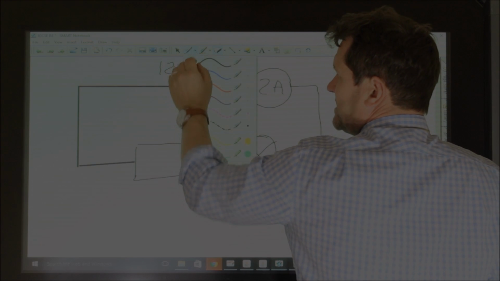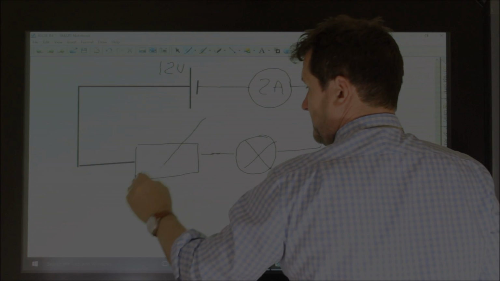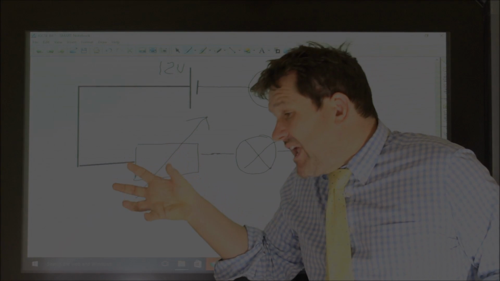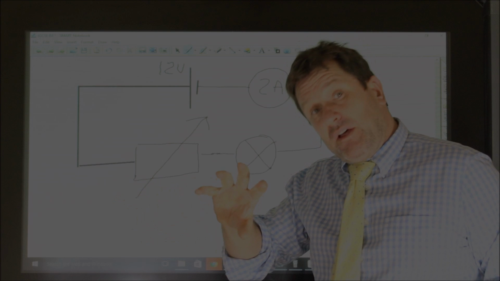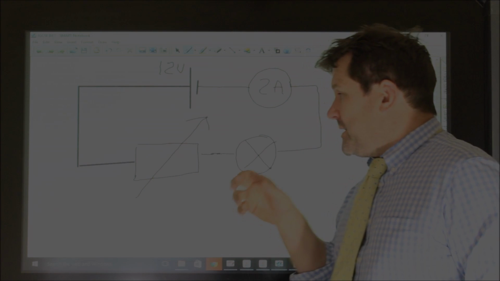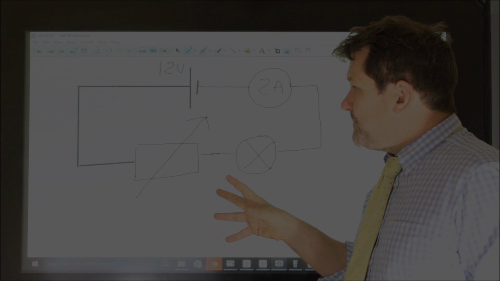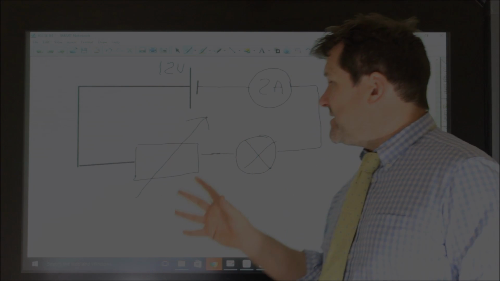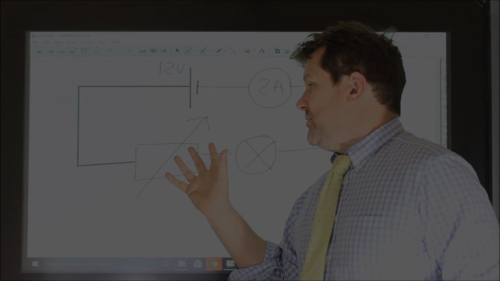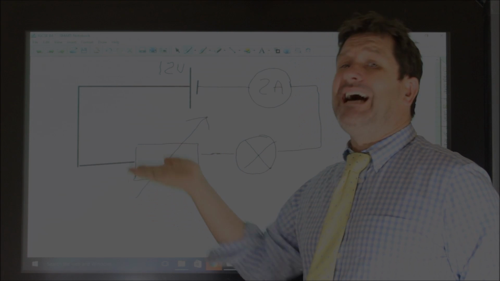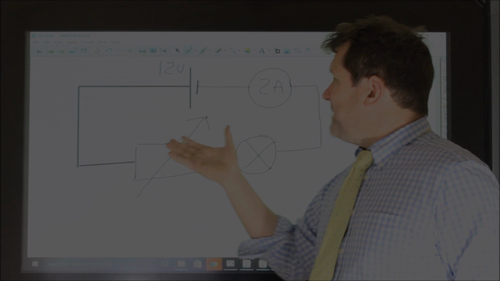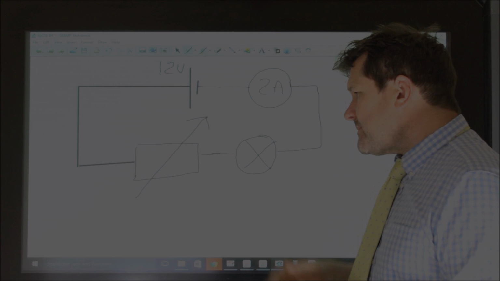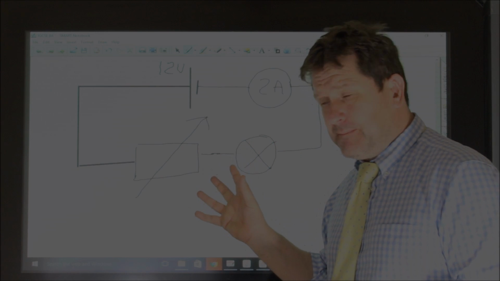A variable resistor is a resistor which can change its resistance depending upon how you turn it or slide it. So if you wanted this light bulb to go very dim, you could turn this resistor up to a really high value, and that would make the current go right down, high resistance, low current, and therefore the bulb would be very, very dim.